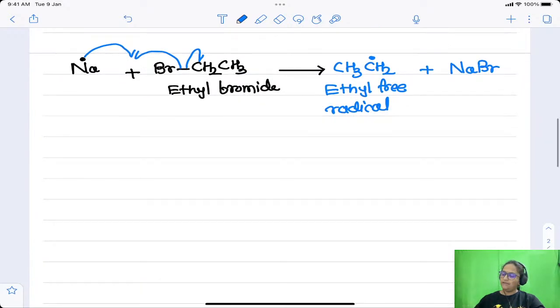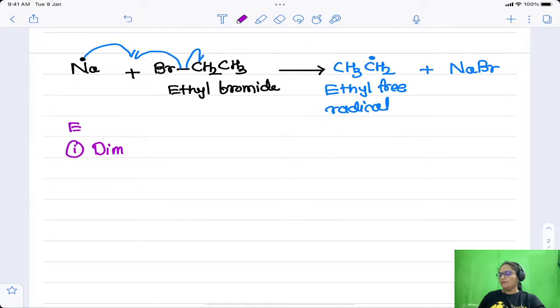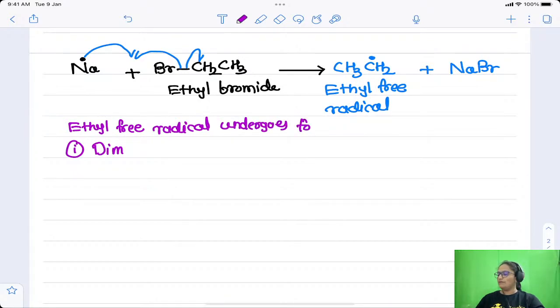Now this ethyl free radical is going to react further. How? This ethyl free radical is going to react in two ways. I'll write down here: ethyl free radical undergoes the following two reactions.